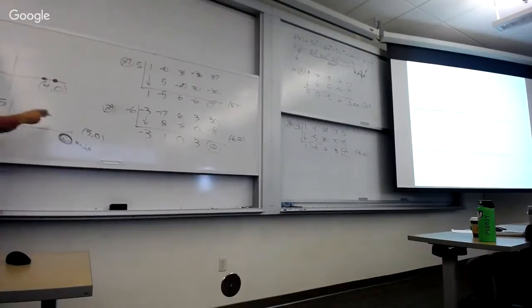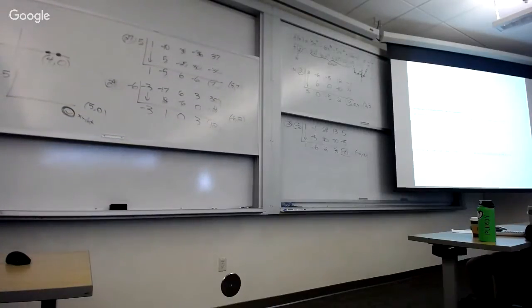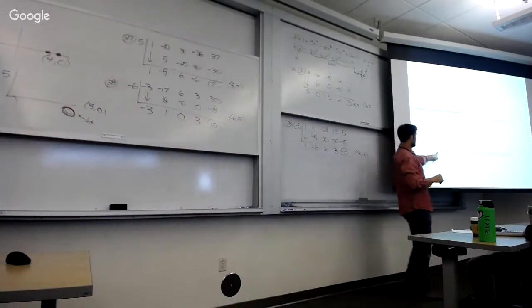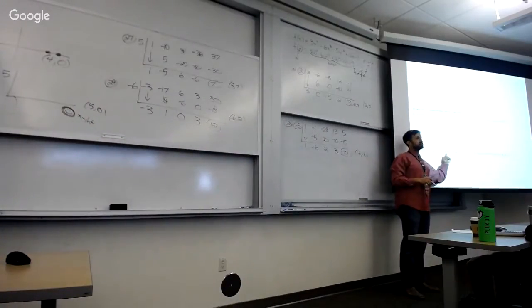Because not only did I just find an x-intercept, but that means that I can begin writing the factored form of my polynomial. Because if my x-intercept is 5, what can I write down now? x minus 5. I now just found one of my factors, right? So the whole idea is I started with a polynomial in addition form, but I want to turn this thing into factored form.